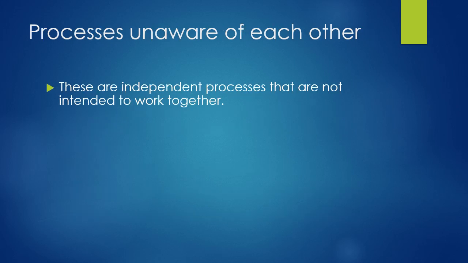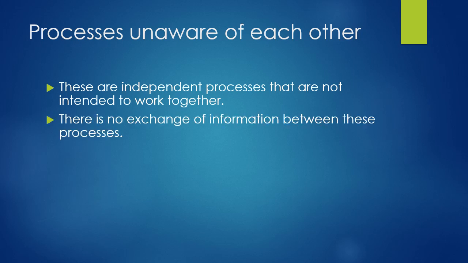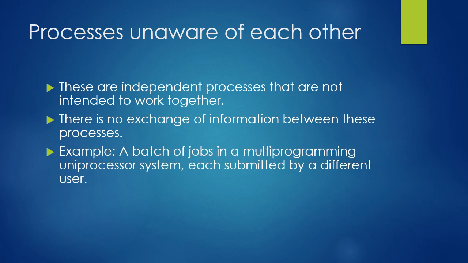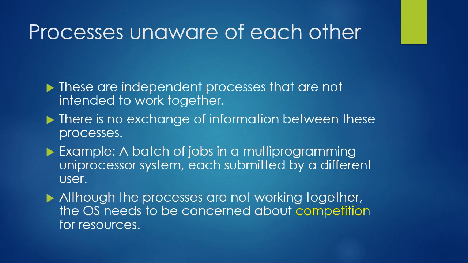Processes unaware of each other. These are independent processes that are not intended to work together. There is no exchange of information between these processes. The best example of this situation is a batch of jobs in a multiprogramming uniprocessor system, each submitted by a different user.